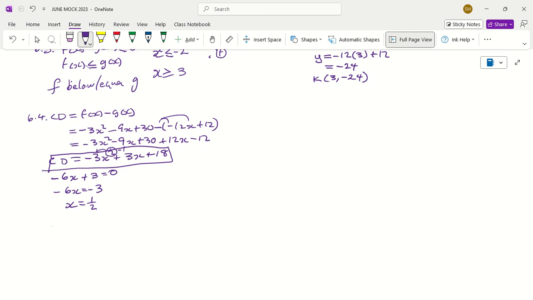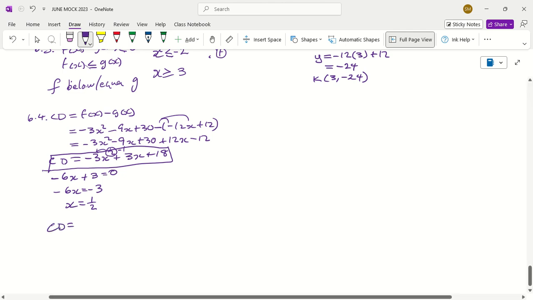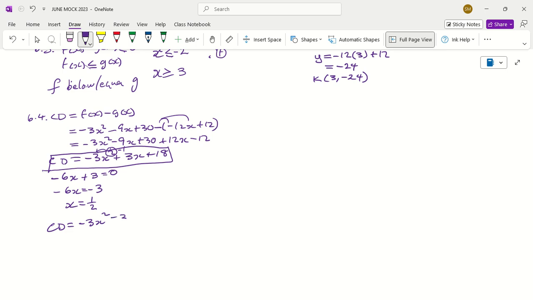So meaning that CD is equal to negative 3x squared minus 3x plus 18. This is the formula for the distance of CD.